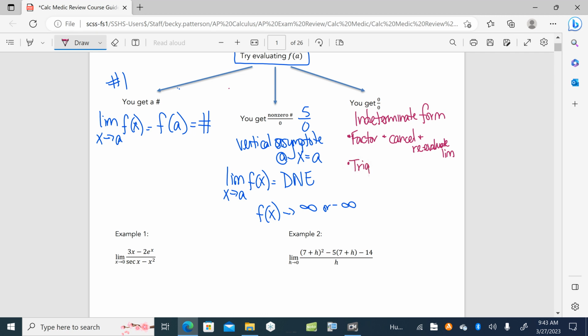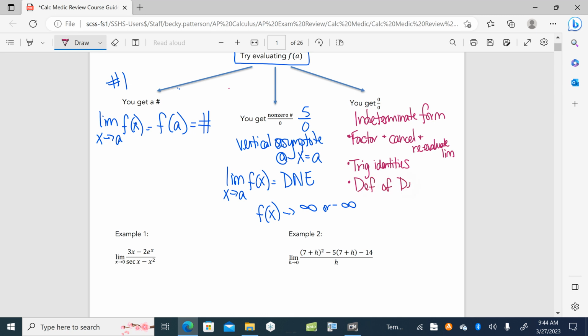You could also use some trig identities. Turning tangent into sine over cosine, seeing one of your Pythagorean identities, something like that to help maneuver and get the section of the problem that's causing a 0 over 0 out, to cancel it out.